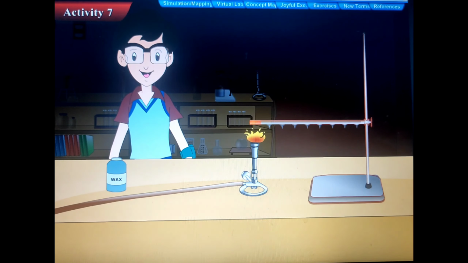The heat travels gradually from the hot end of the copper rod to its colder end. It melts the wax which holds the nails. Due to this, the nails fall down one by one. From this activity, we conclude that heat is transferred from the hot end of the copper rod to its colder end by the process of conduction.